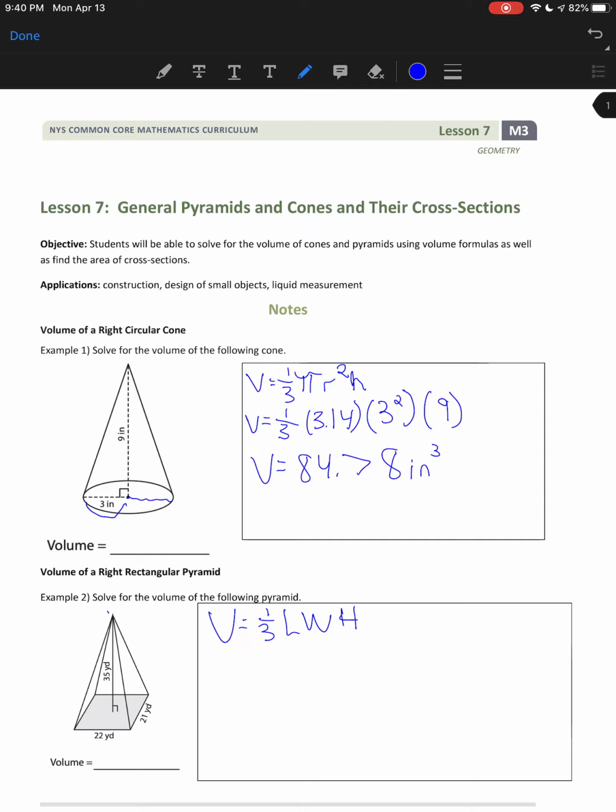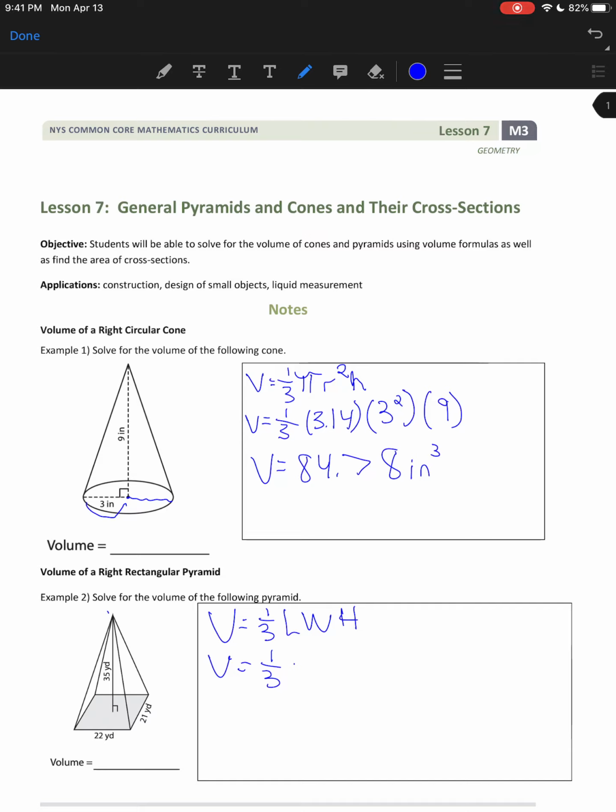So let's see. All we have to do now is just plug in our numbers. So volume is what we're looking for. 1/3 is just part of the equation. Times our length. So this now is the length of the base, right?